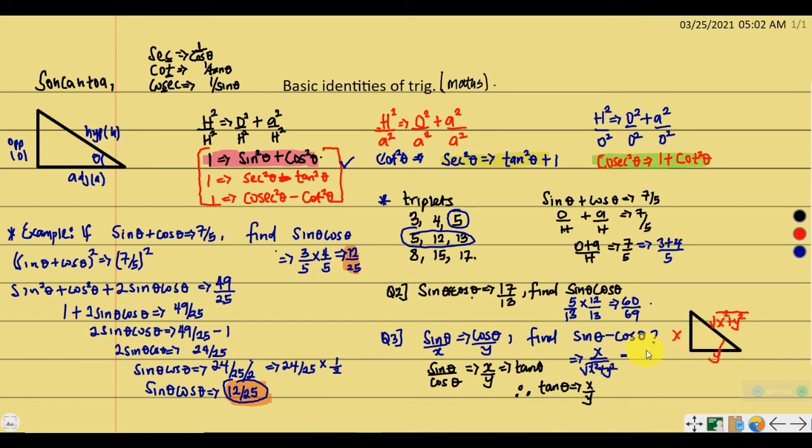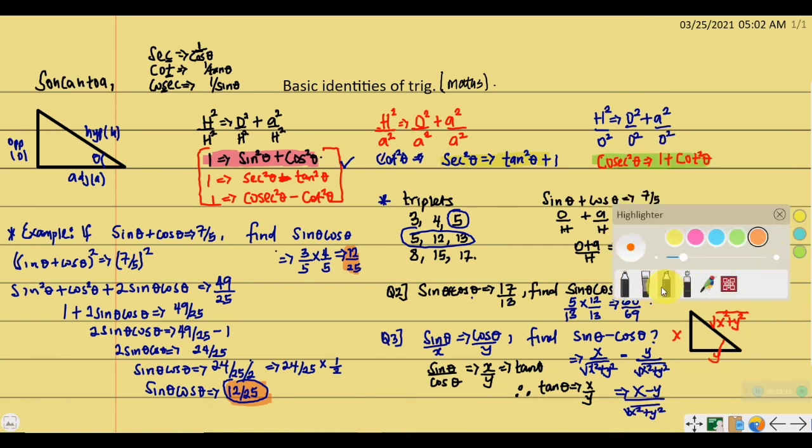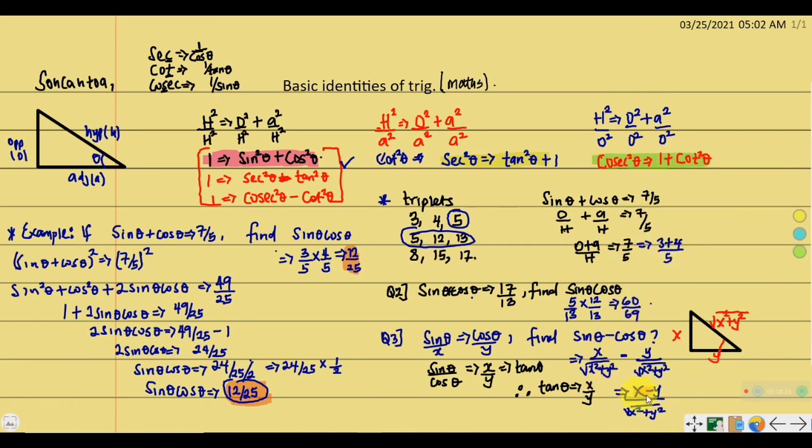Minus cos theta is y over the square root of x squared plus y squared. You cannot leave answers like this; you have to make it a unique solution. So it will be x minus y all over the square root of x squared plus y squared. That is the answer, guys. You can see it is very easy when you understand concepts. You'll be able to get them without any further delay.